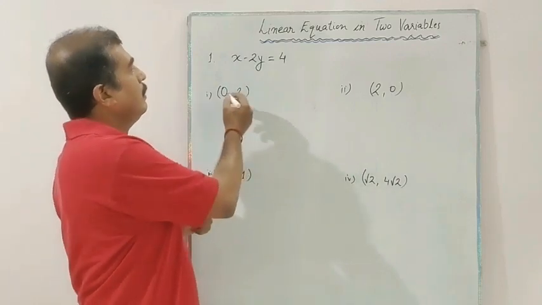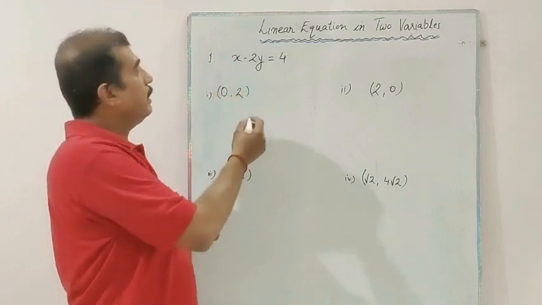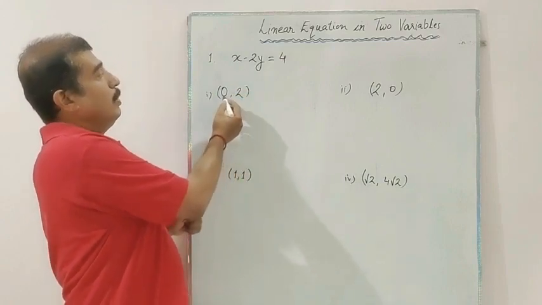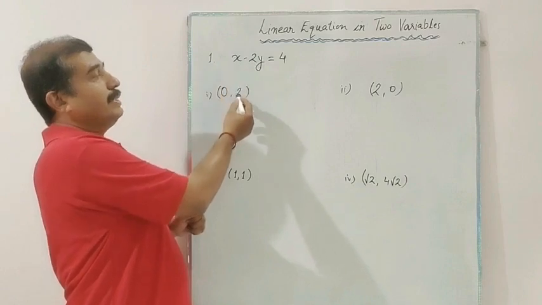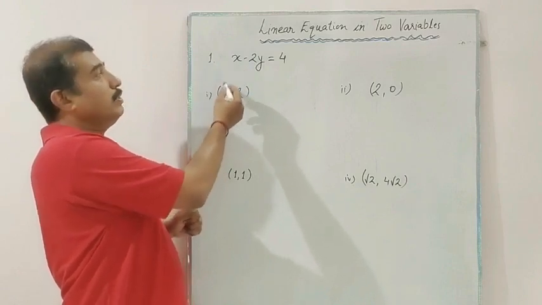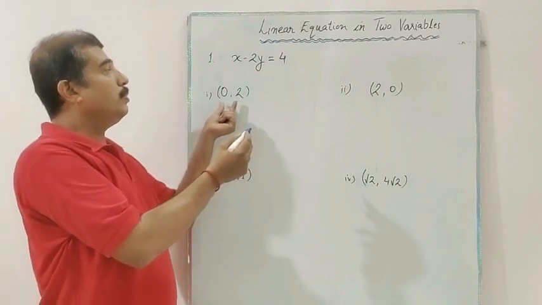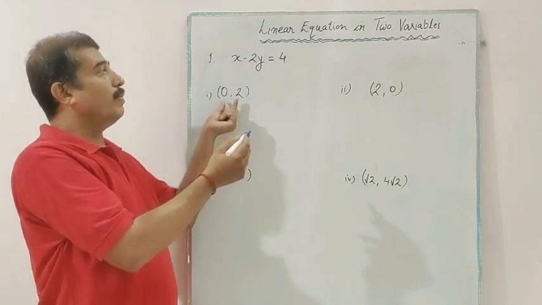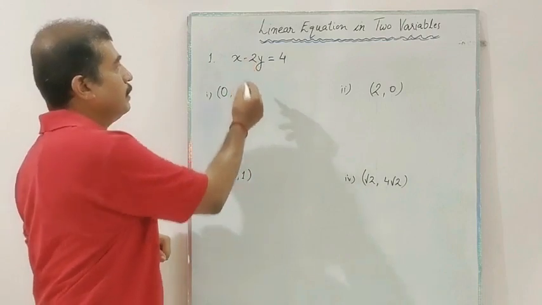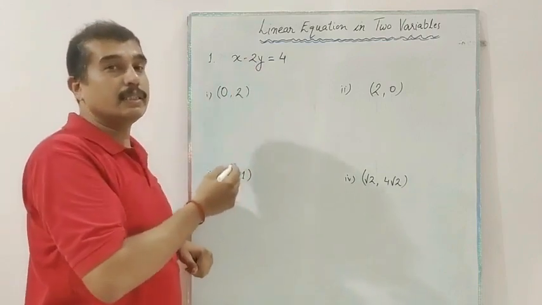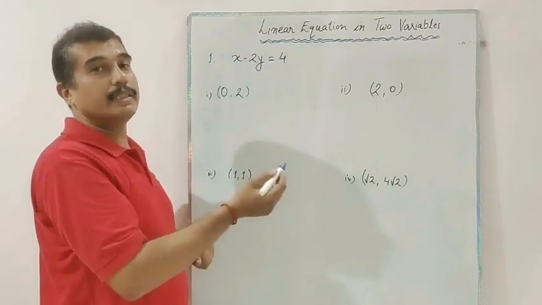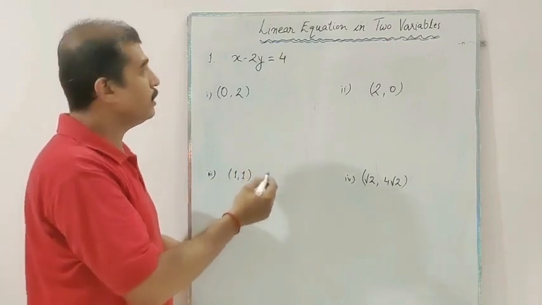How can we find out? We all have studied coordinates. So (0, 2) means 0 is the value of x and 2 is the value of y. We'll substitute these values of x and y in the given equation and we'll see whether LHS is equal to RHS or not.